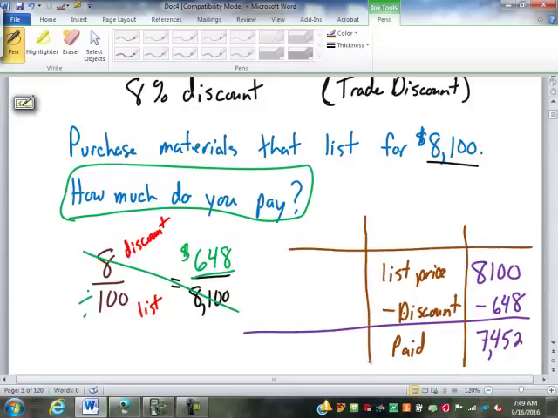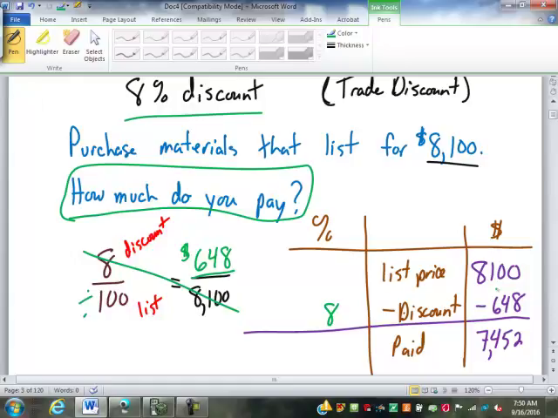And we talked about this yesterday in a word problem. When we're dealing with percents, every item is described by two numbers. Over here, it's described by the dollar amounts, but it's also going to be described by percents. And in this problem, we have the 8% discount. So that goes here. The 8% describes the discount.